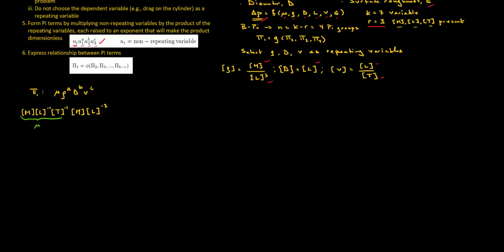But now we're raising the density to the power a, so this will be to the power a and to the negative 3a. So this is our density. Next, we multiply by the diameter, which has dimensions of L, and we will raise it to the power b.